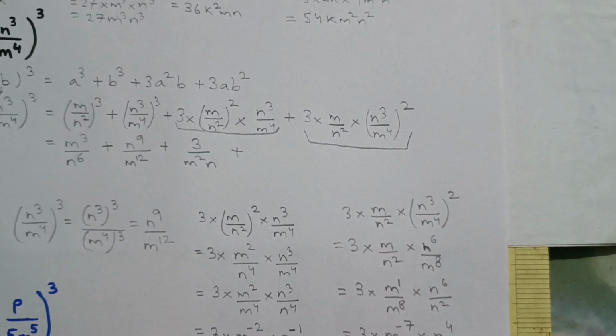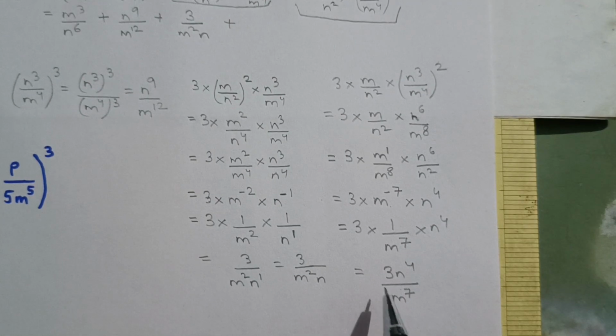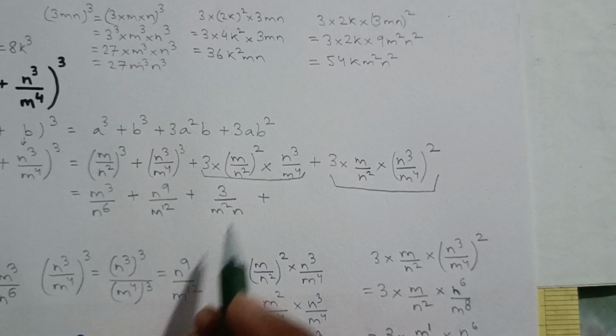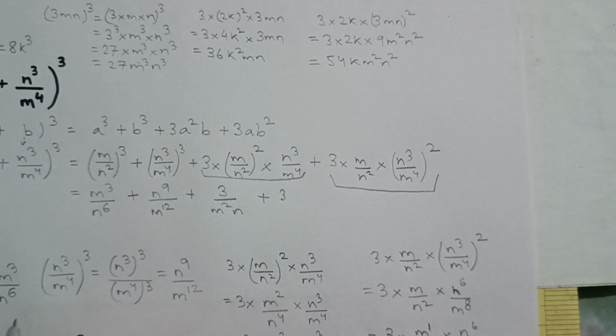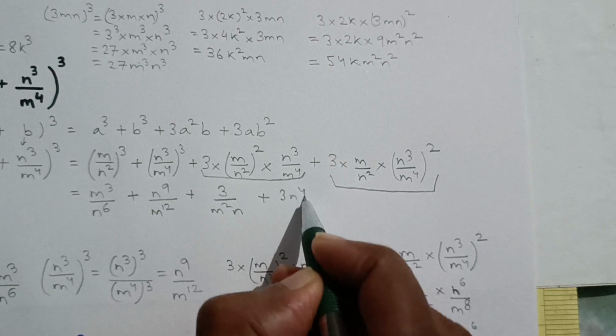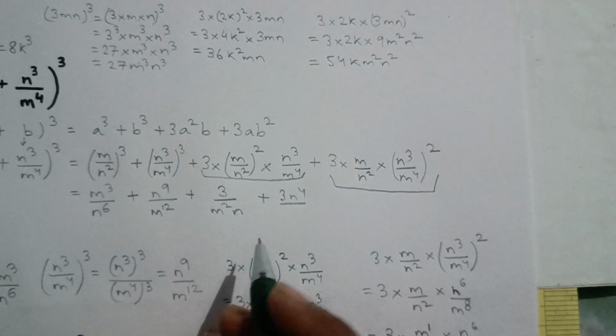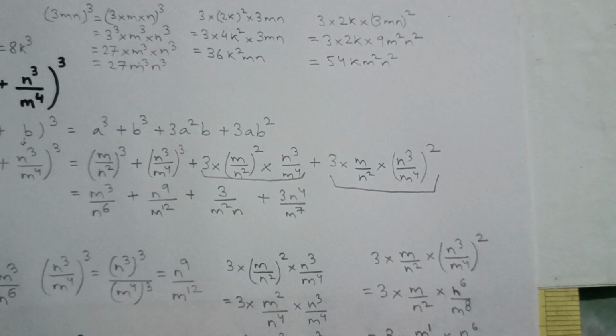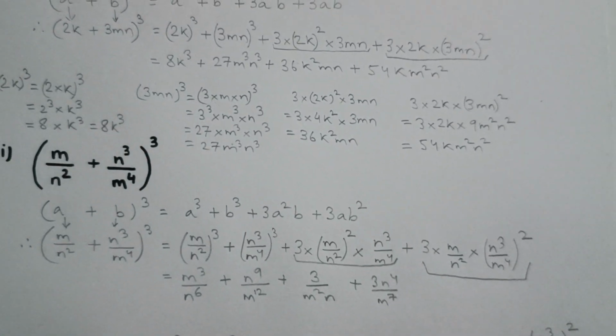So when we solve this expression, we get the answer as 3 n to the power 4 upon m to the power 7. And this is our final answer.